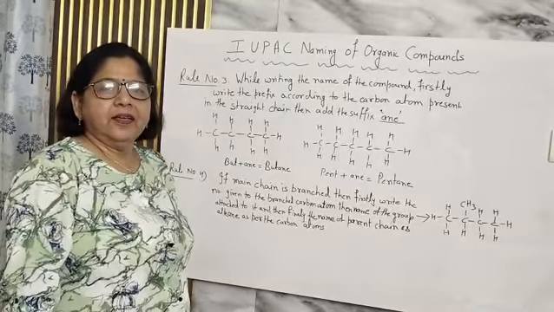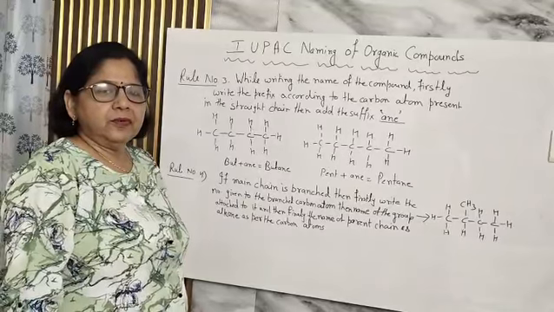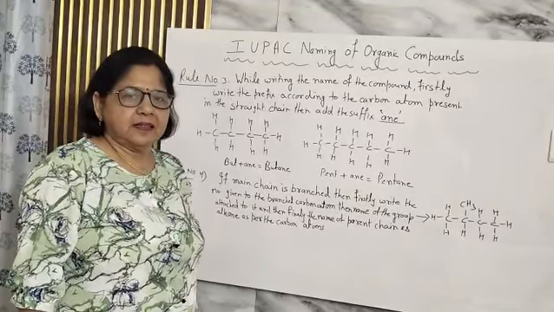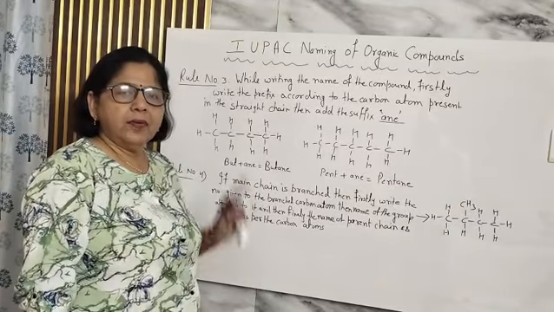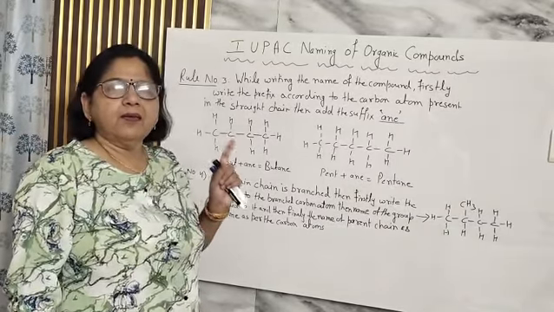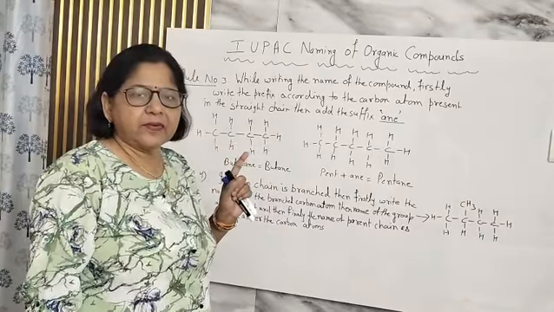Students, today we are continuing with the IUPAC system. Yesterday we had discussed two things, and I want to recapitulate them. Number one, count the maximum carbon atoms by moving once in one direction.